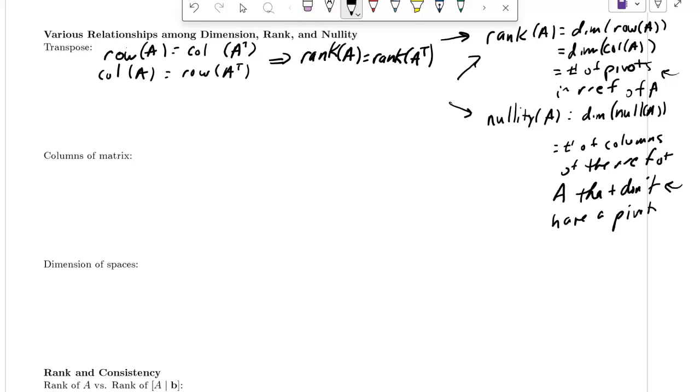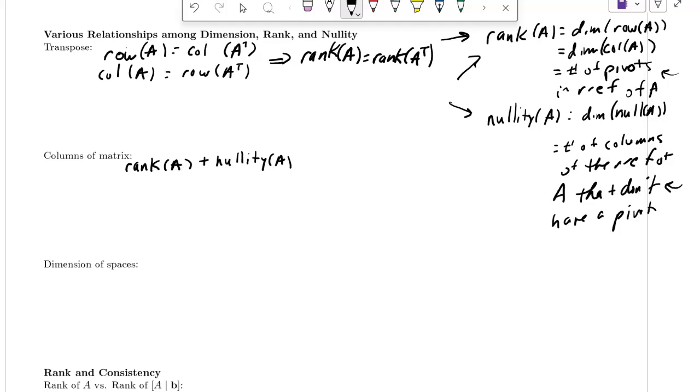The columns of a matrix idea is talking about when I take the rank of A and I add the nullity of A. I count the number of pivots in the reduced row echelon form, that gives me the rank. I count the number of columns without pivots, I get the nullity.